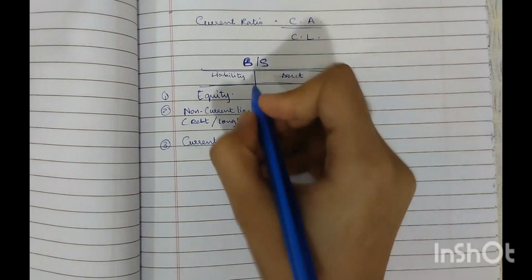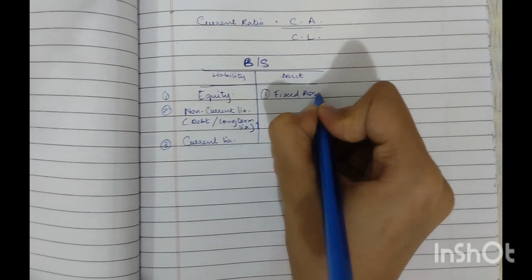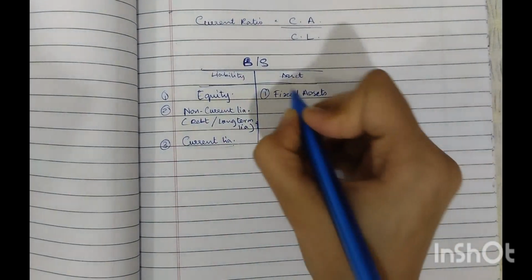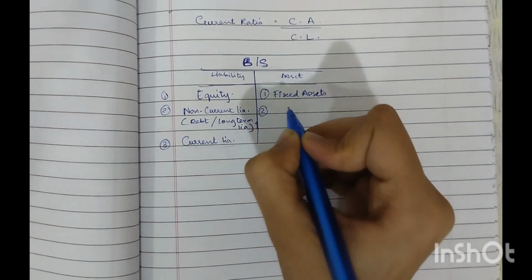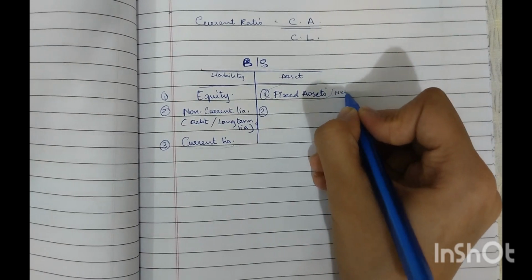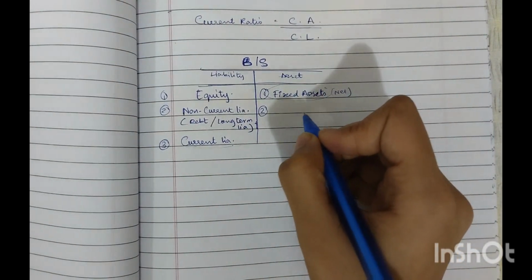On the asset side, we have the fixed assets, which are the fixed tangible assets given in the question. They both are the same. And whenever you calculate fixed assets, it has to be net fixed assets, which is fixed assets minus the depreciation calculated for those assets.